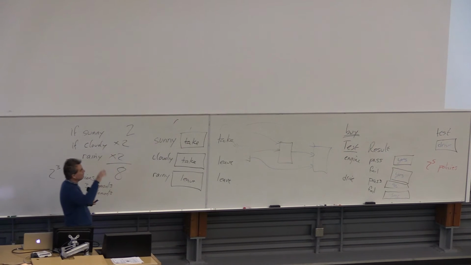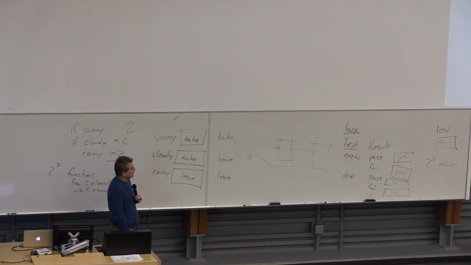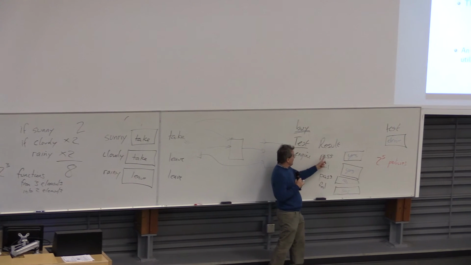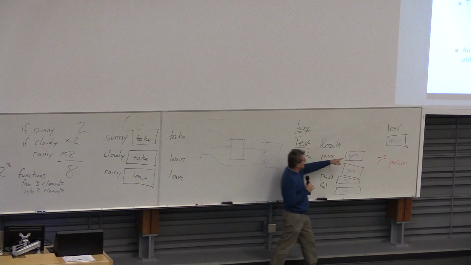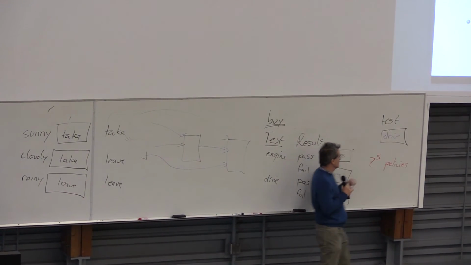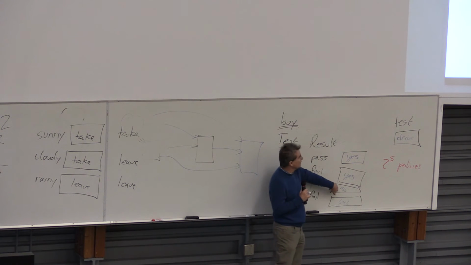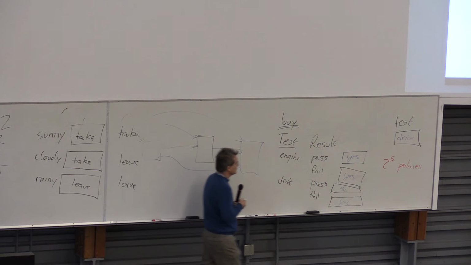So remember we had possible worlds which satisfied policies. It's the same thing we did before: this policy is true in this world if the world assigns a value to each decision node that the policy specifies. So when the test was drive and the result was pass, then the policy has got to be false.